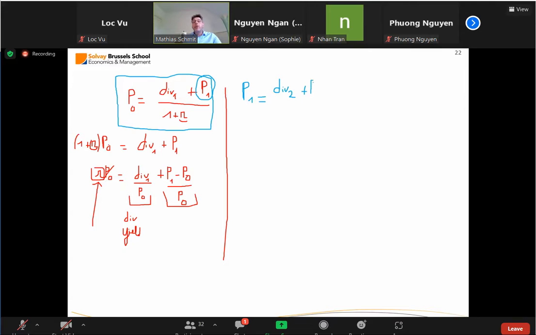My price in year 1, my price of my share in a year, will be my dividend in the second year and the price at the end of the second year. And I discount it.